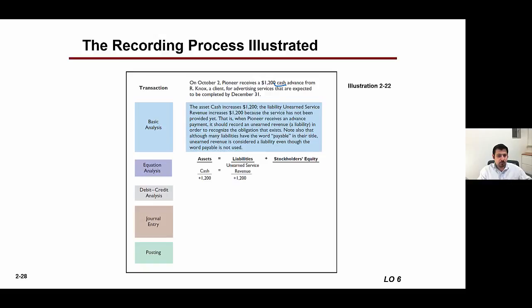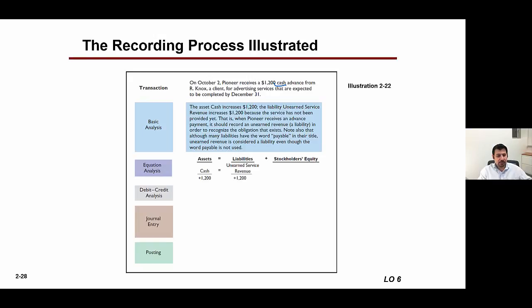Again, the reason why we call it unearned service revenue is that this is a service that will not be completed in this current accounting period. Rather it will be completed in the future. So the money that we have received, we did not earn it yet. It will become revenue, and we will earn this revenue once we have completed the service.